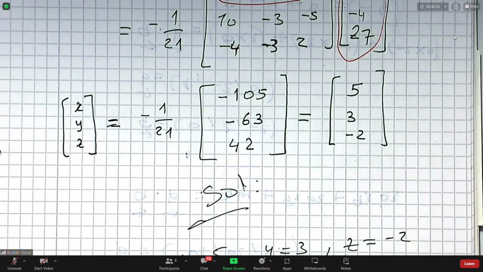Next week we will be doing a new method, which is Cramer's rule, which is basically using determinants, another method for solving linear systems.